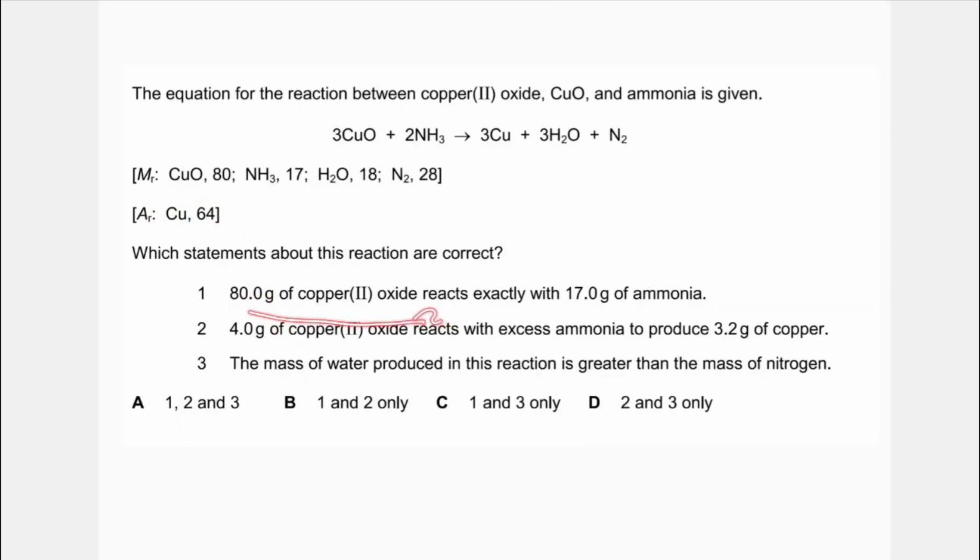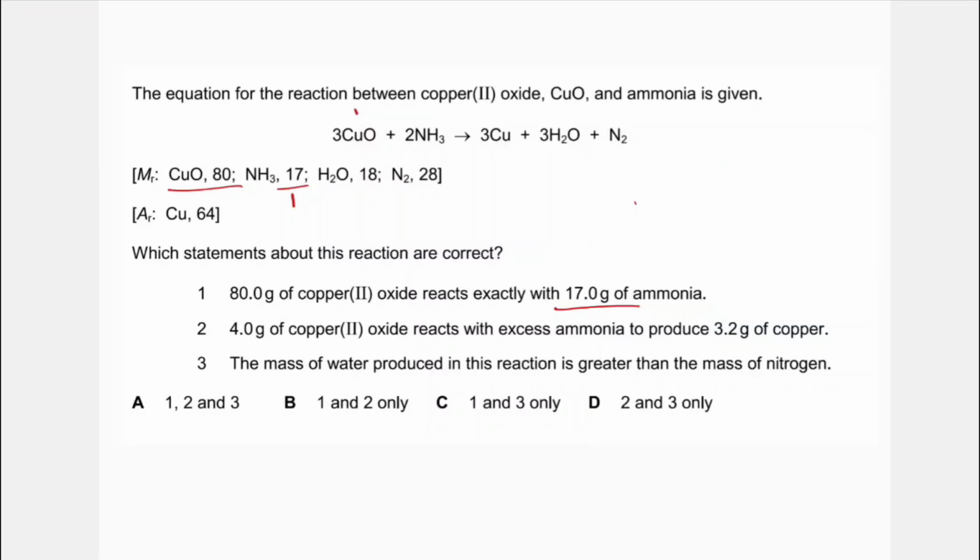Now, 80 grams of copper oxide reacts exactly with 17 grams of ammonia. We can easily verify if that's correct, because 80 grams of copper oxide is 1 mole of copper oxide. So 1 mole of copper oxide reacts with ammonia, and they say it's 17 grams of ammonia. If it is 17 grams, it has to be 1 mole. So the mole ratio is 3:2.